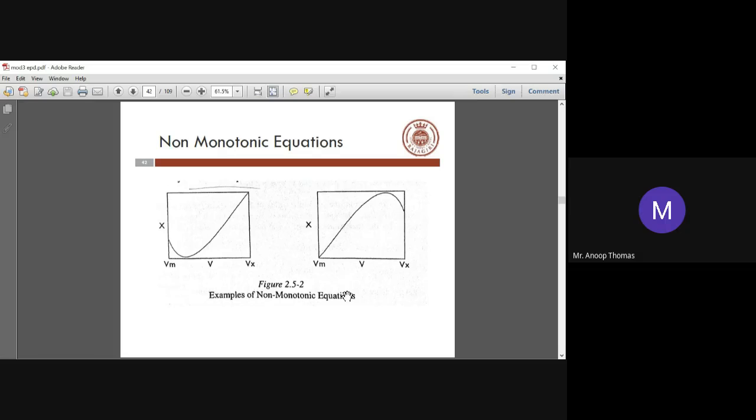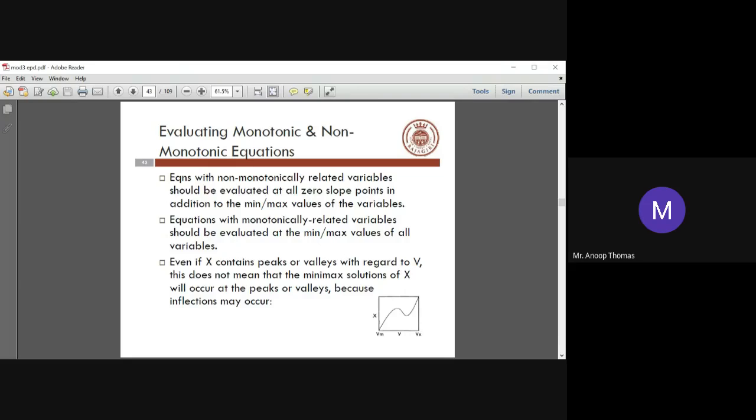So this is an example of a non-monotonic equation. The monotonic equation is very easy to deal with, but non-monotonic equations are very difficult. So non-monotonically related variables should be evaluated at all zero slope points. That's the important point.